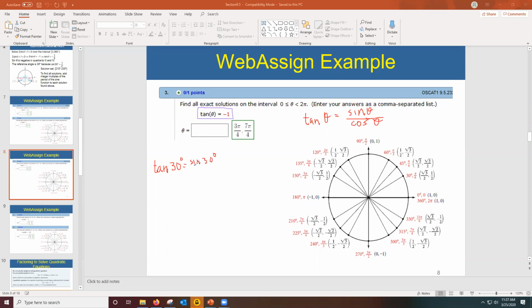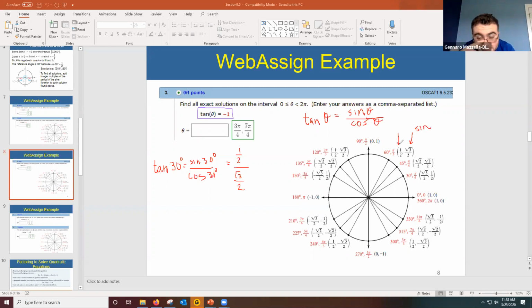So let me go grab the sine of 30 and the cosine of 30 from the unit circle. Well, sine of 30 is 1/2. Cosine of 30 is square root of 3 over 2. Right, folks, remember the y value is the sine and the x value is the cosine. All right, well, do you remember how to divide fractions?